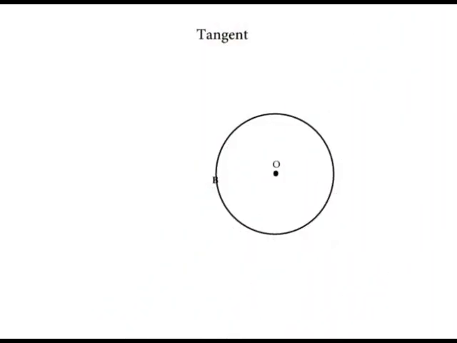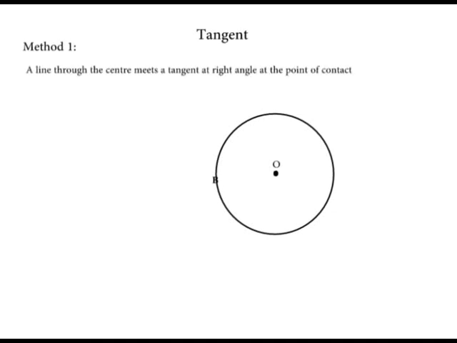Construction of tangents. There are 2 methods of constructing tangents. Method 1. Recall in Form 2, we said that any line through the center of a circle meets the tangent to the circle at 90 degrees at the point of contact.